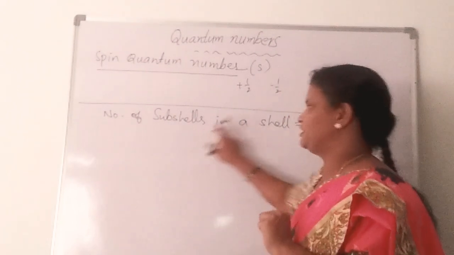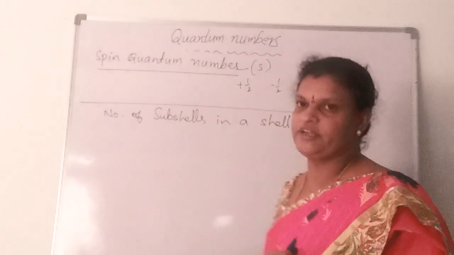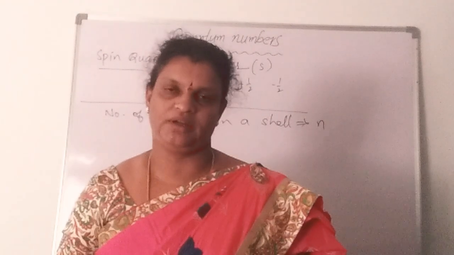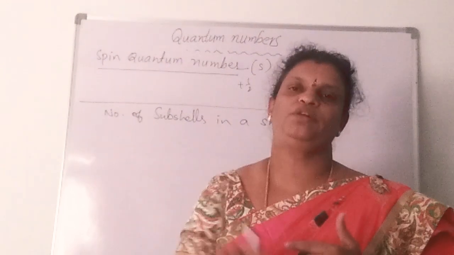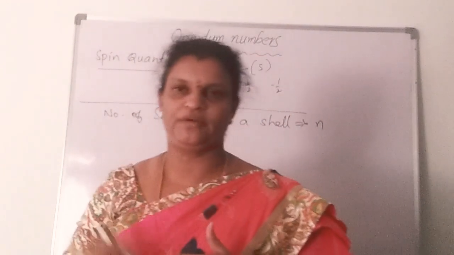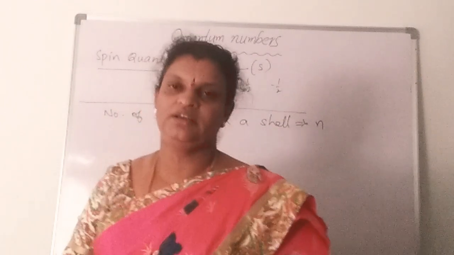So the number of subshells in a shell is equal to n. What is n here? The principal quantum number. How will you understand the number of subshells? When you know the principal quantum number, you can say the total number of subshells in that particular shell.